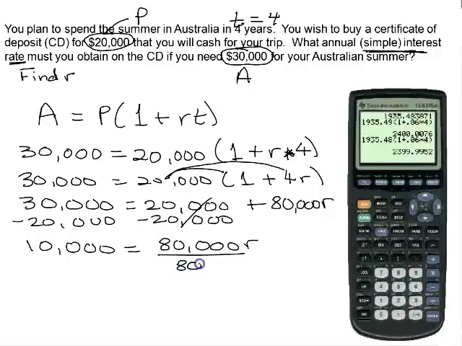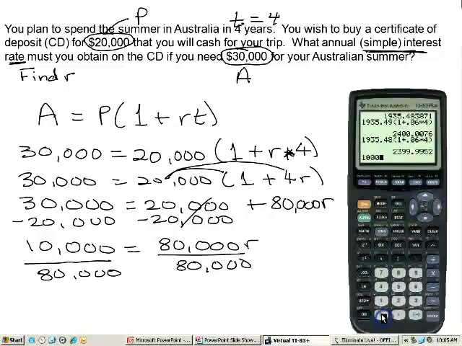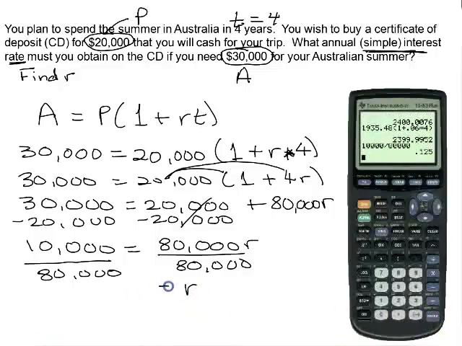And then to solve for R, divide both sides by 80,000. So 10,000 divided by 80,000 gives us 0.125.